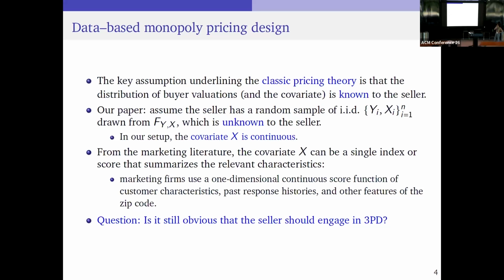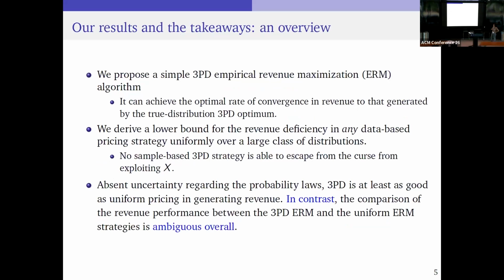So the research question we're trying to ask is: is it obvious that the seller should engage in third-degree price discrimination if the seller sets a price based on the data, on the sample? I'm just going to give you an overview.